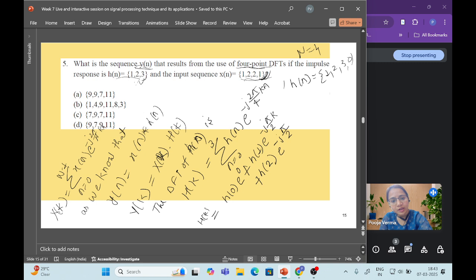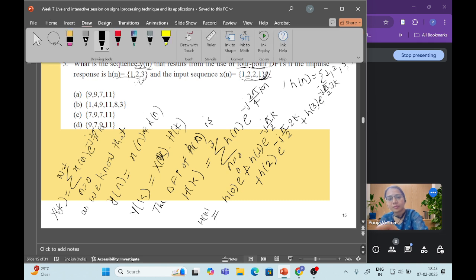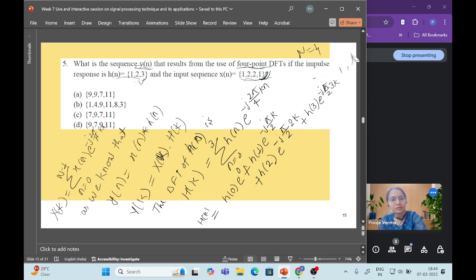So here n is equal to 2, so 2 into k, plus similarly h of 3 e to the power minus j pi by 2, 3k will be there. Okay, so just I am removing some here.